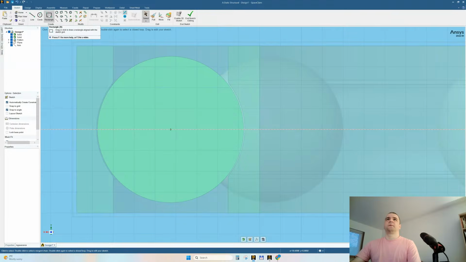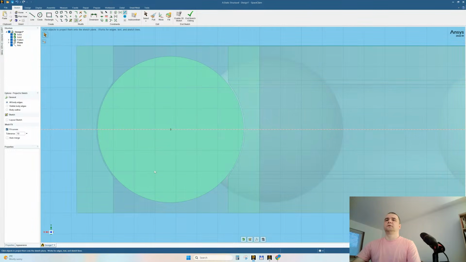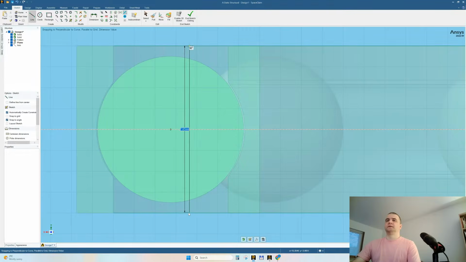Let's project a little this edge and also this edge, and let's come with this, and as I said, above, yes, beyond the center.